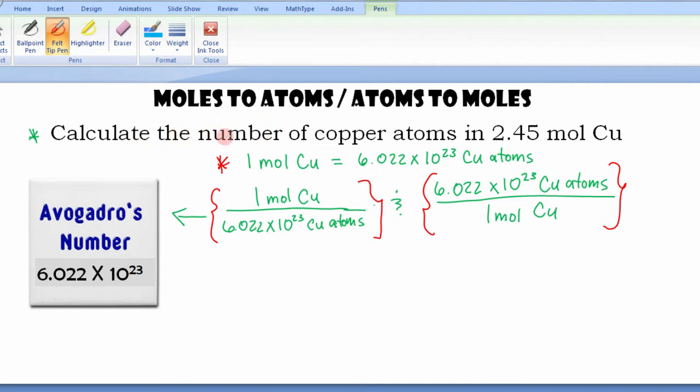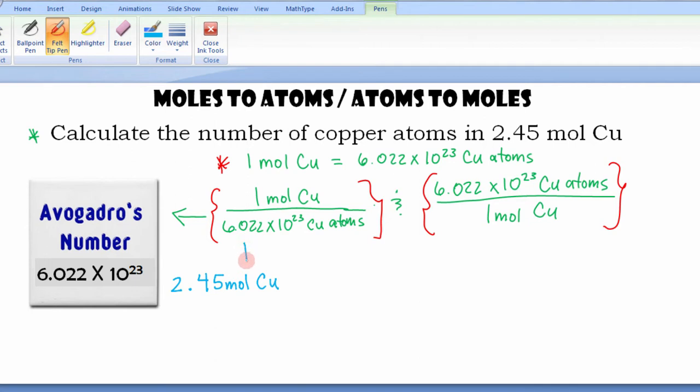So calculate the number of copper atoms in 2.54 moles of copper. So we would have 2.54 moles of copper. Now that's what we're given.